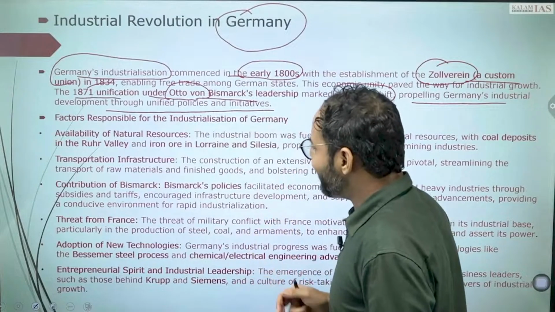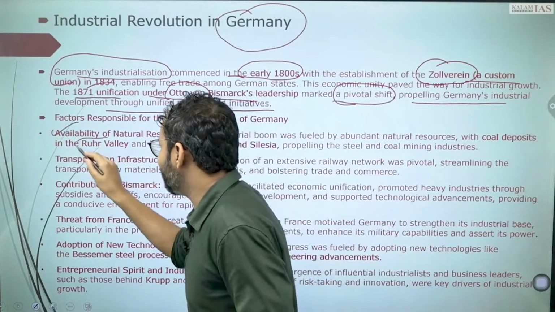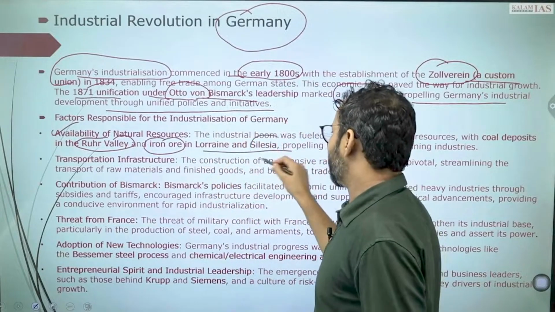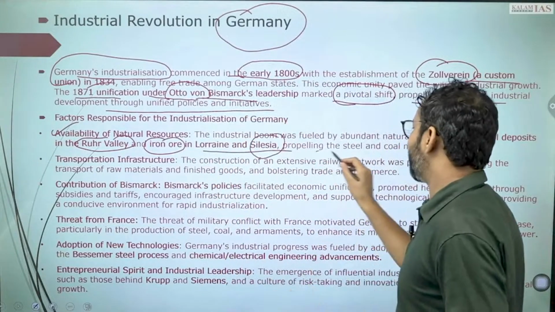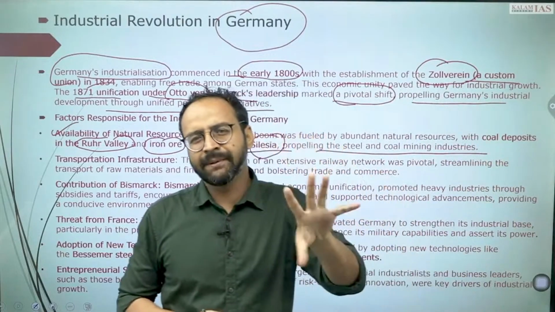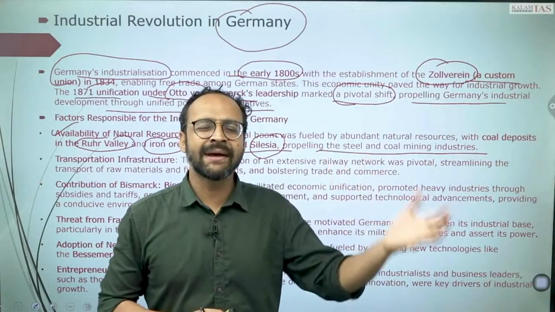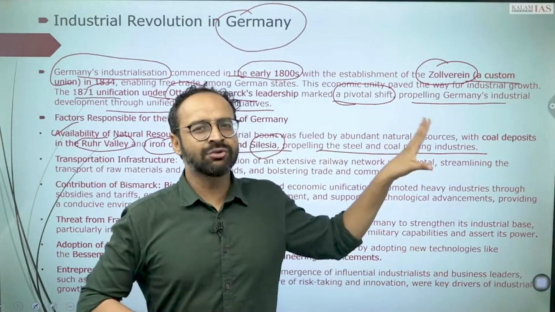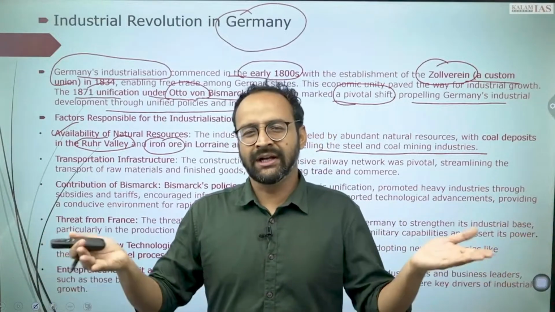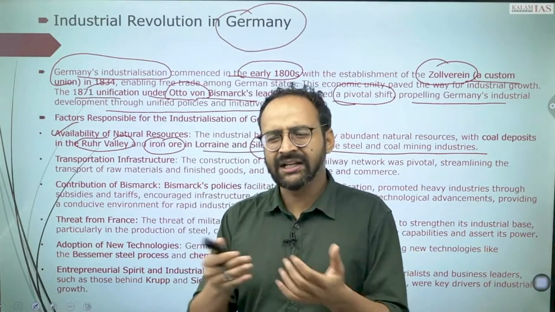So the availability of natural resources, the Ruhr Valley with iron ore, and these areas propelled the steel and coal mining industries. So after the British industrialization, after the American industrialization, we are coming to the German industrialization. So these Western nations are growing gradually in isolation. They are seeing each other.